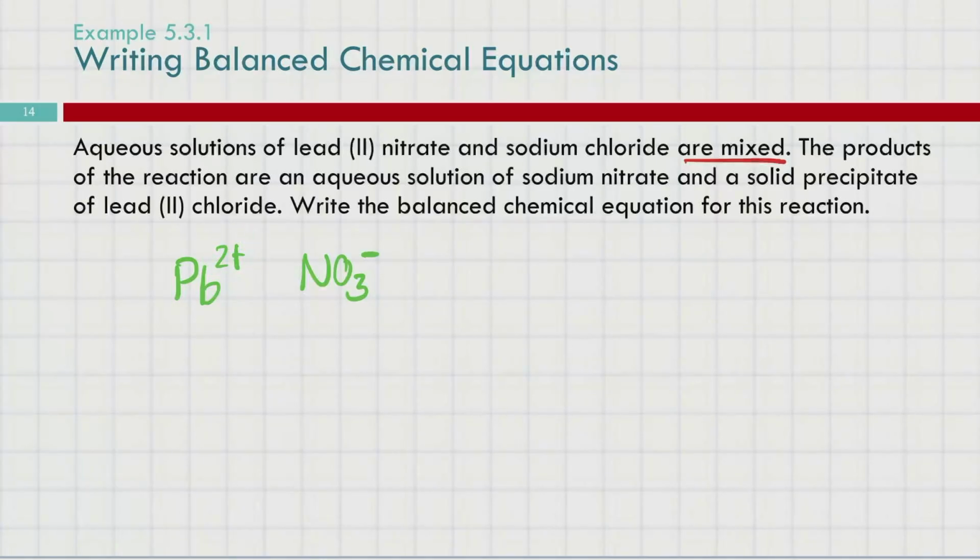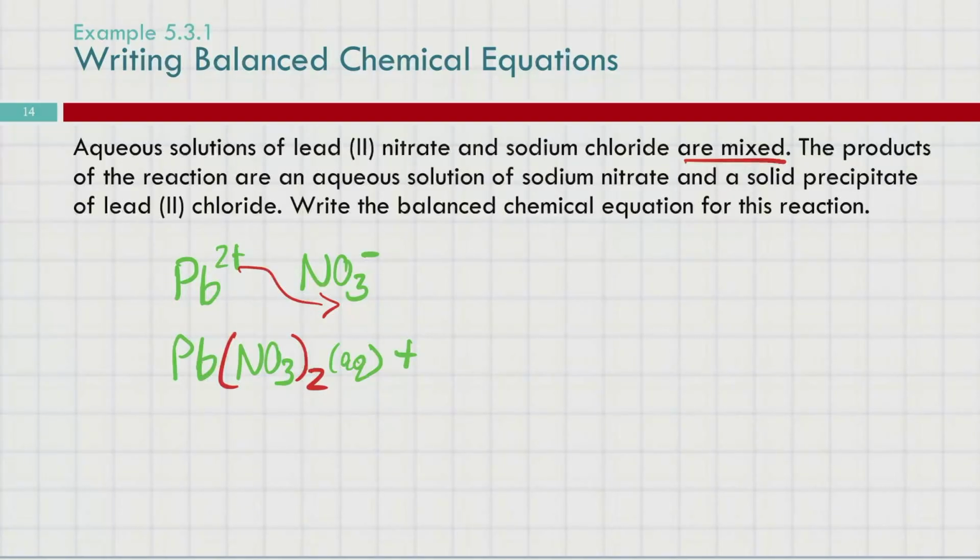We need to crisscross these. So this will be Pb(NO3)2, and it's aqueous. First chemical.